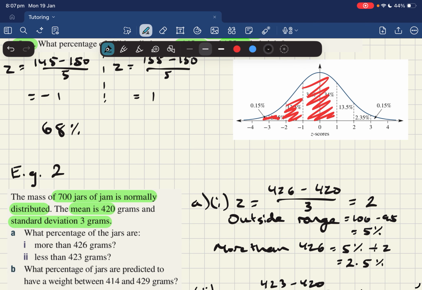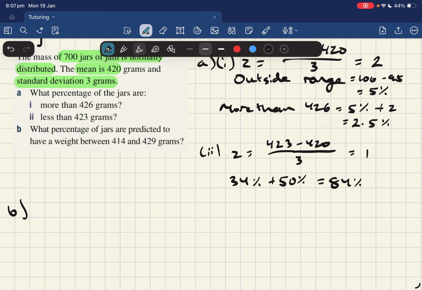We are just using our normal distribution, and I've broken it up into parts here to make it easier for you to work with. Now in part B, it's saying what percentage of jars are predicted to have a weight between 414 and 429. So let's calculate the Z-score for each of these first. The Z-score of 414 is going to be 414 minus, why did I do 429?